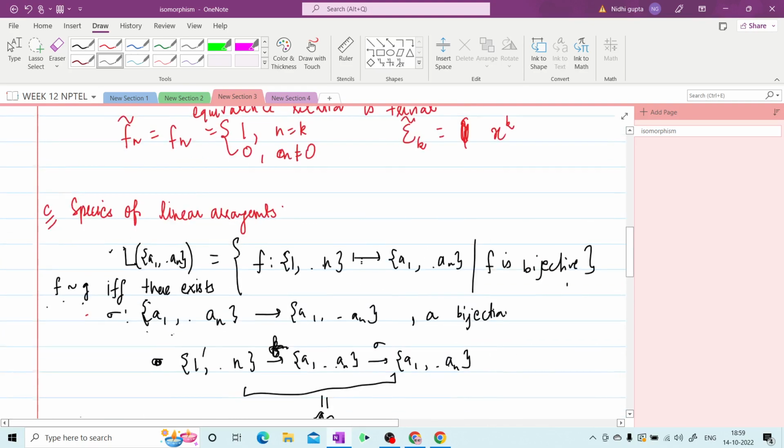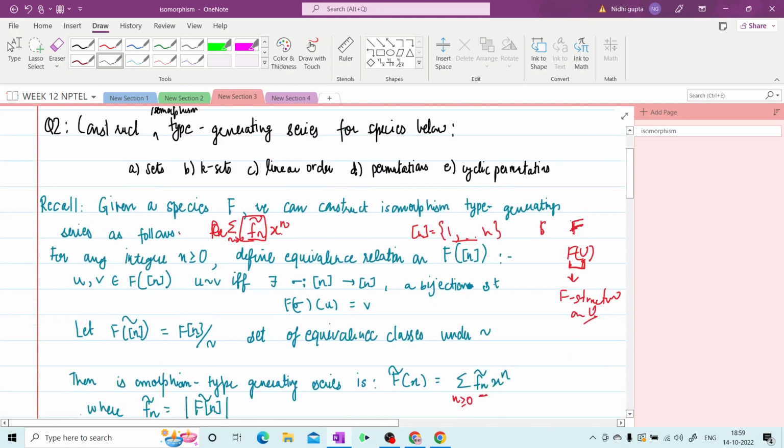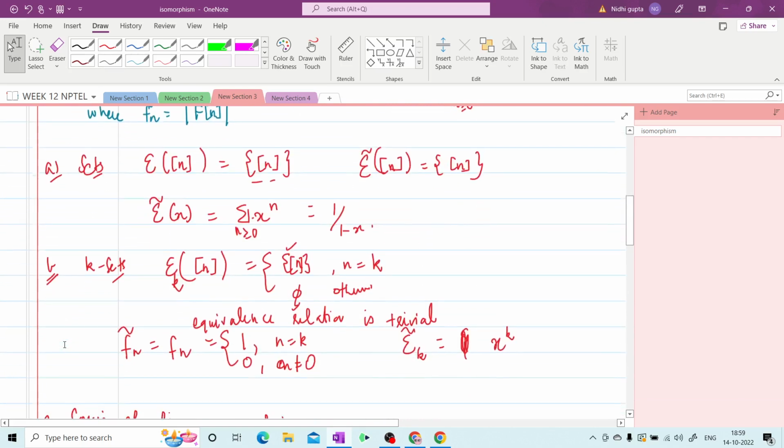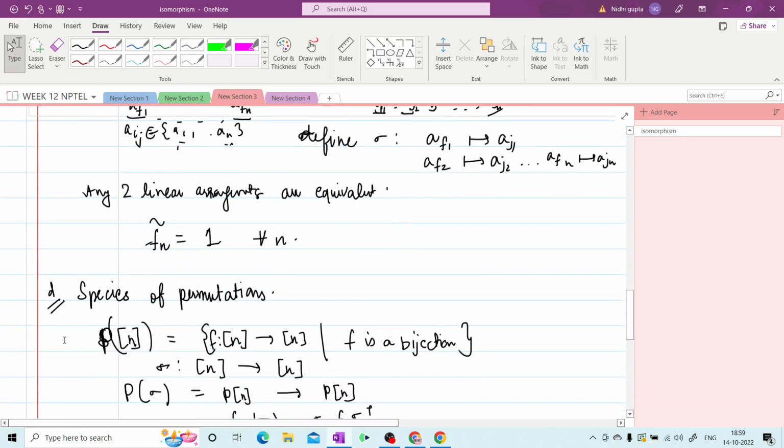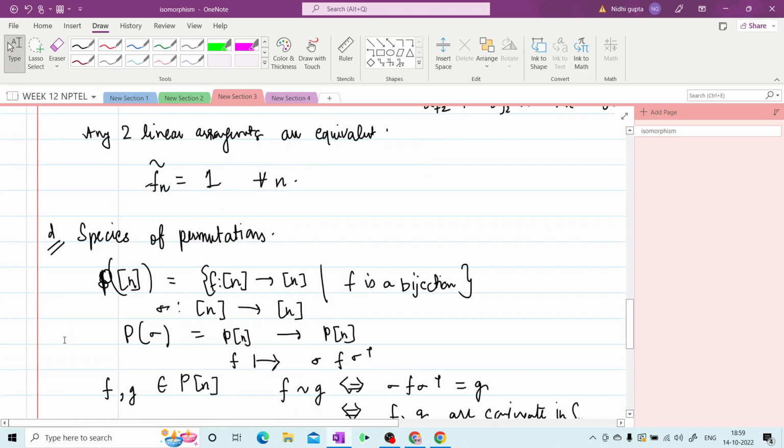So this was for today. We looked at some species, about 5 species, and first of all we constructed transport functions for them, then the generating functions for them, and then also the type generating functions.